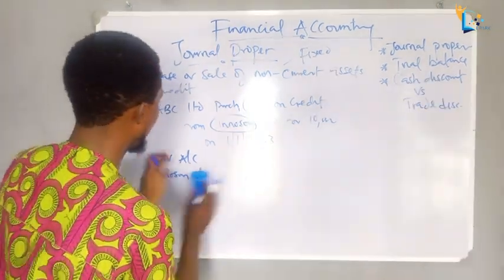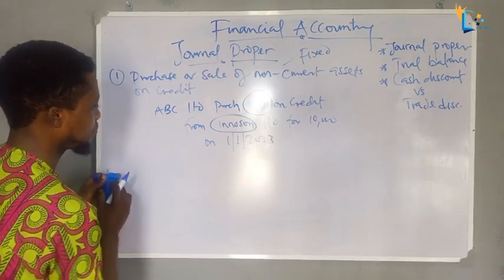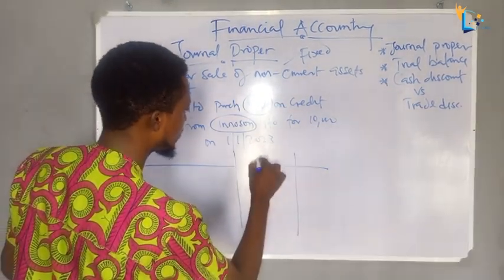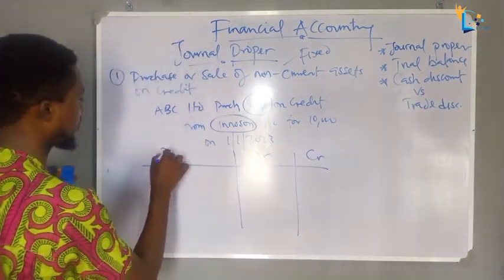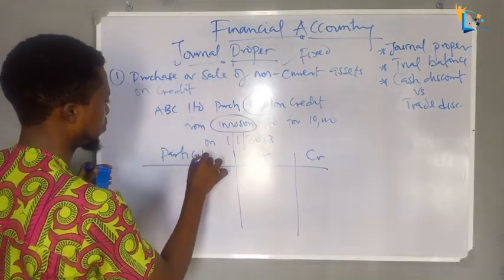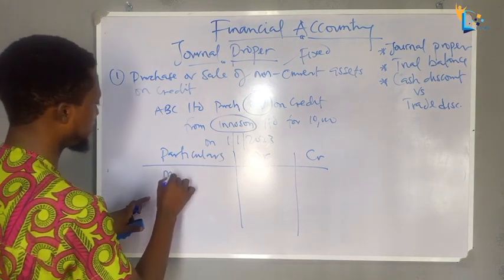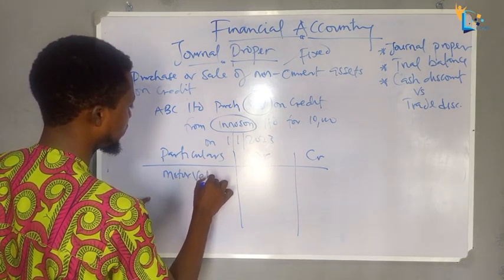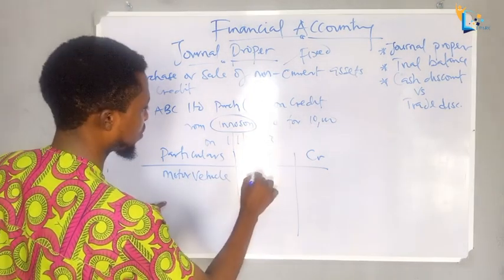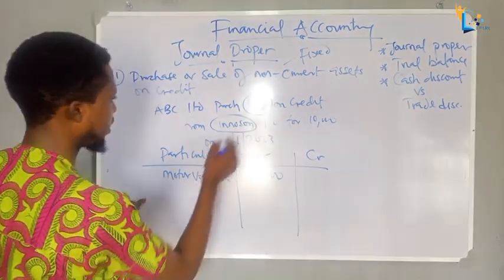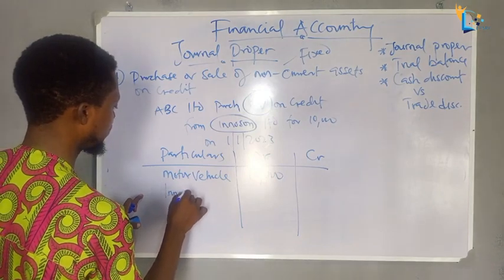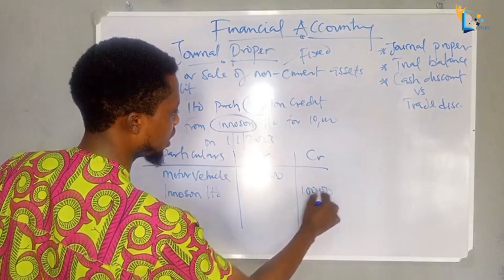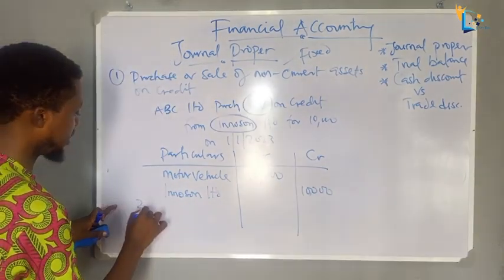So now let's apply. We have debit, credit, particulars. We have motor vehicle, 10,000, then Innocent Limited, 10,000.